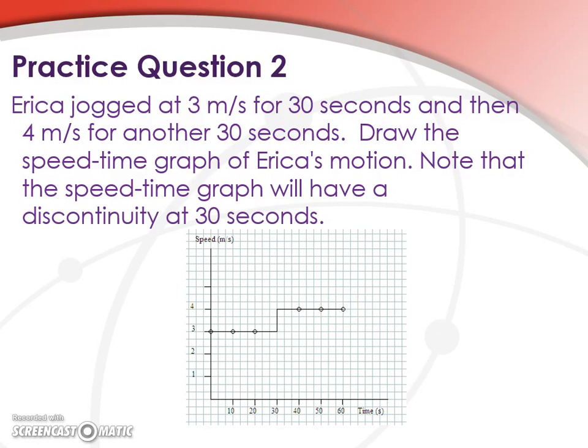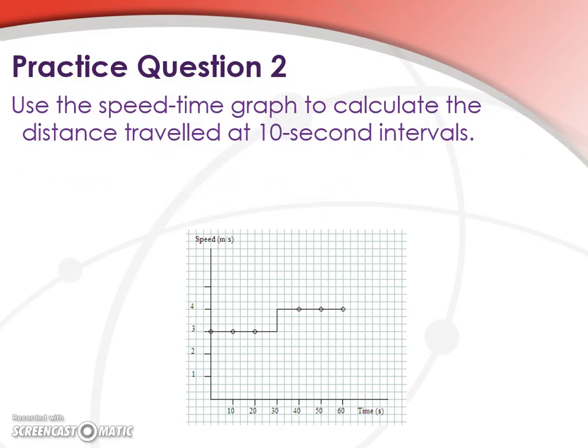So there's her 1 minute speed profile. Okay, so we've learned that the area under the curve gives us the distance traveled. Please use this speed time graph, calculate the area in order to get the distance traveled at 10-second intervals.